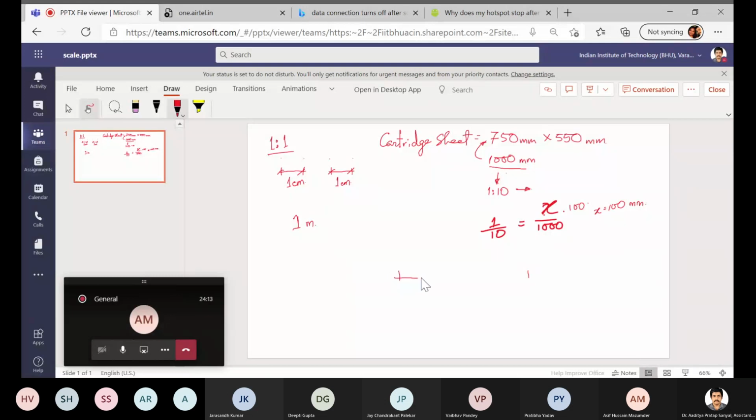Say it is originally 1 meter. I wish to represent it in a scale of 1:10. On paper, this will look as 10 centimeters. Have I made something clear?